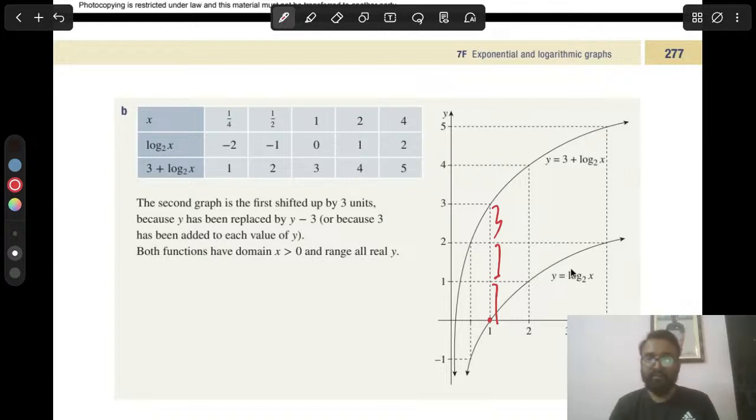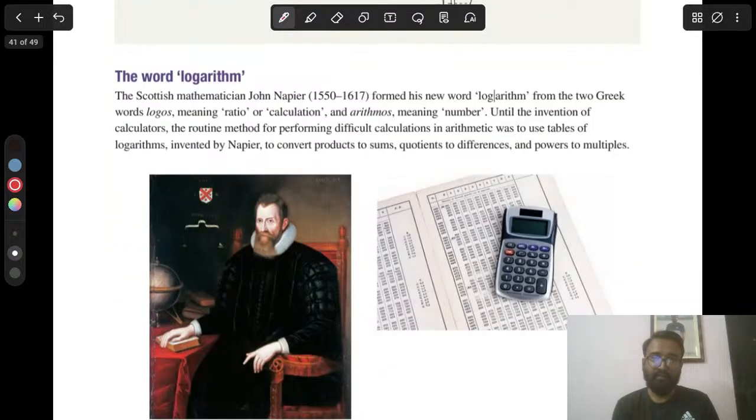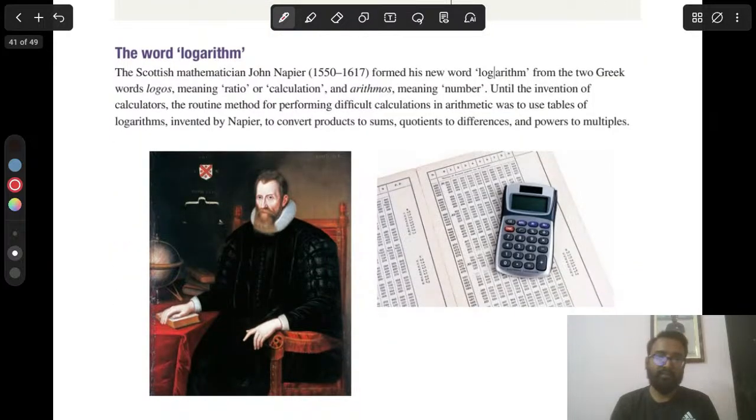Therefore, it is the graph of log x base 2 plus 3. 3 steps it moved upward: 1, 2, 3. It is 3 plus log x base 2, or log x base 2 plus 3. If it is minus 3, then it goes down. Okay, so that's the basics. The word logarithm. So can you read this small story?